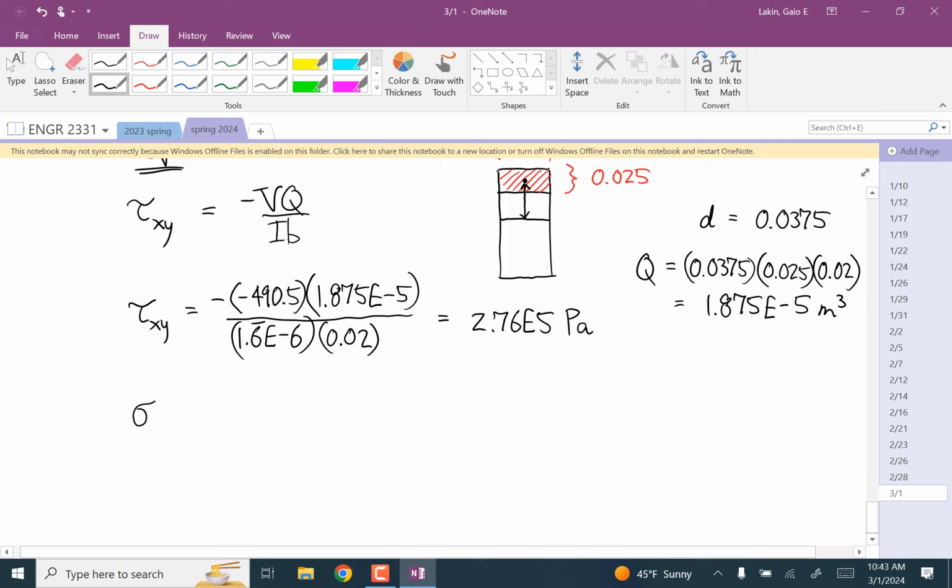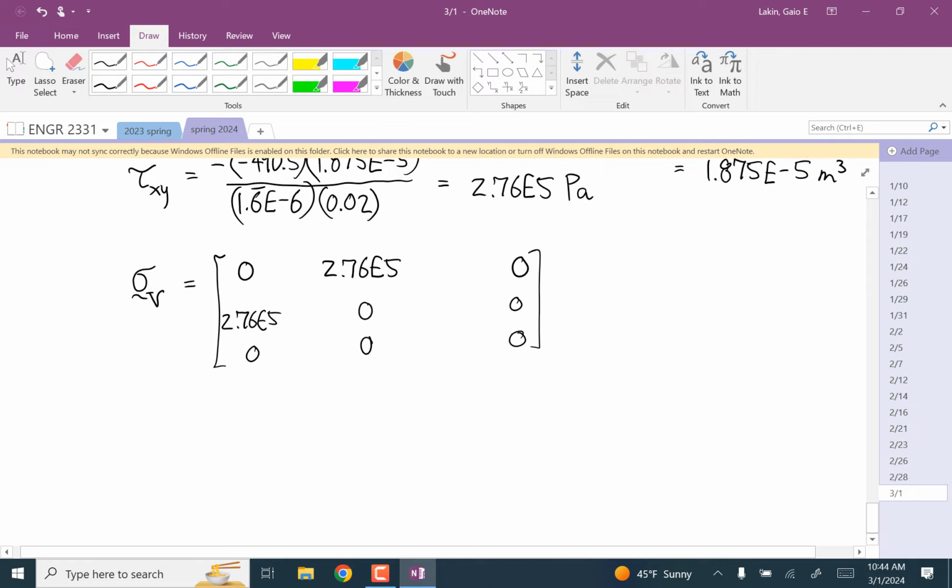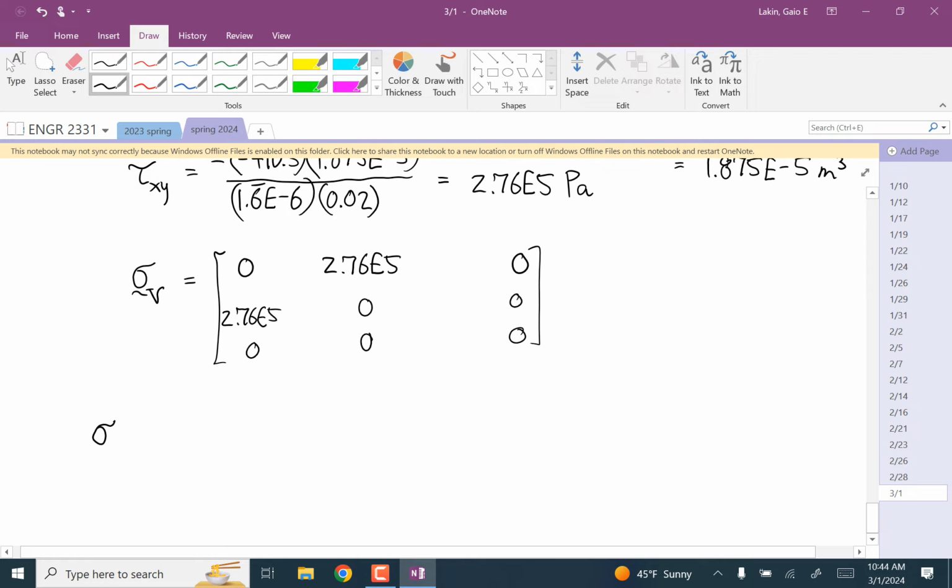And so the stress due to shear force is equal to 0, 2.76 times 10 to the 5, 0, 2.76 times 10 to the 5, and zeros everywhere else. And now put it all together.